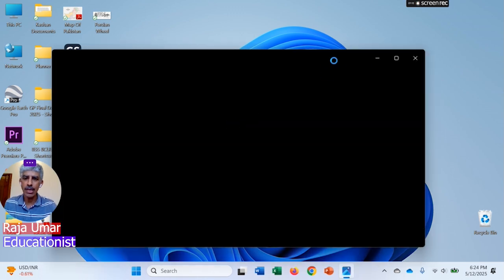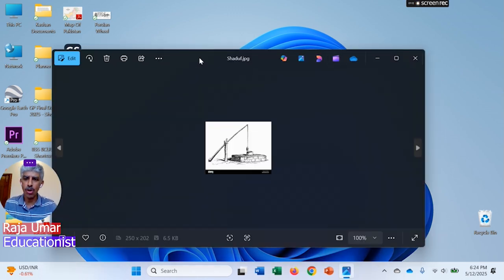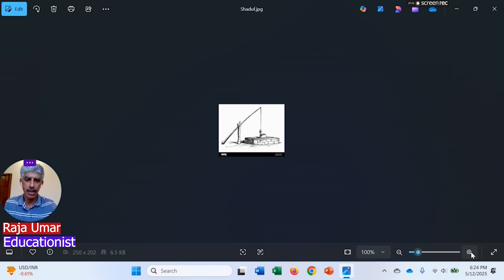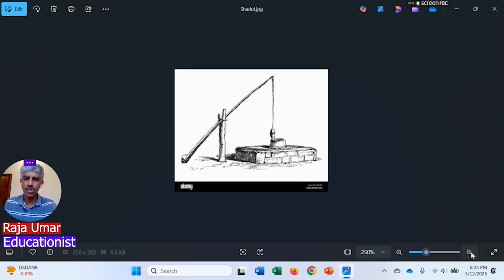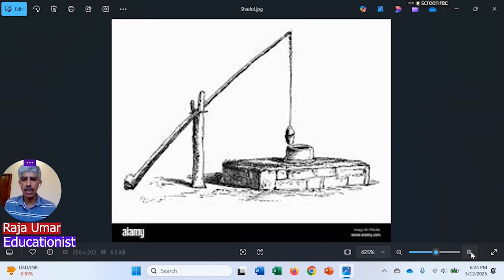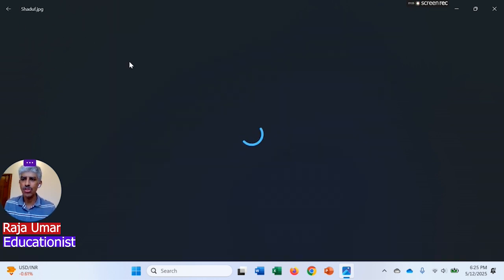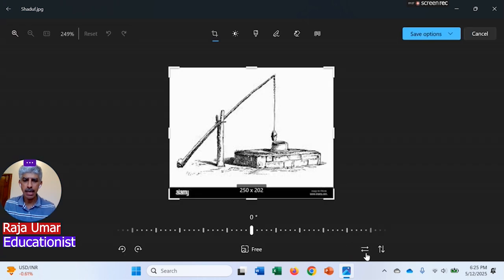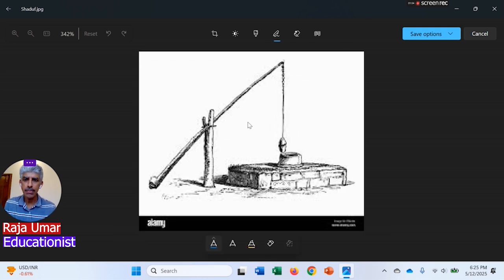So if I show you the picture of Shaduf, let me enlarge it, and here we can see the picture which shows the whole structure. Over here you can see the well.